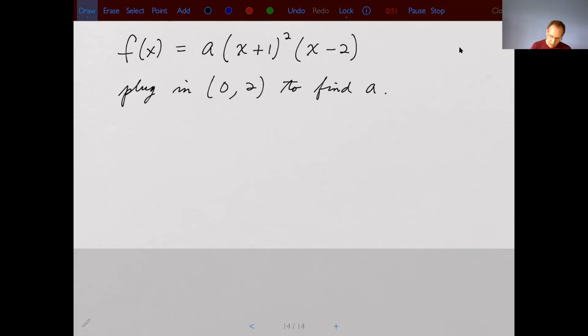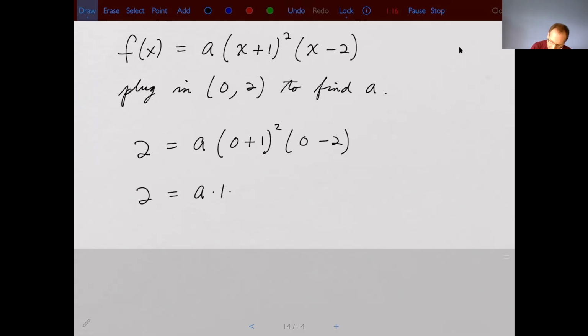Okay, so where I have a y, or my f of x, which is really my output, my y, I plug in a 2. And where I have an x, I'm going to plug in a 0. So I have 2 is equal to a times, well, 0 plus 1 is 1, 1 squared is 1, so this is a 1 there.